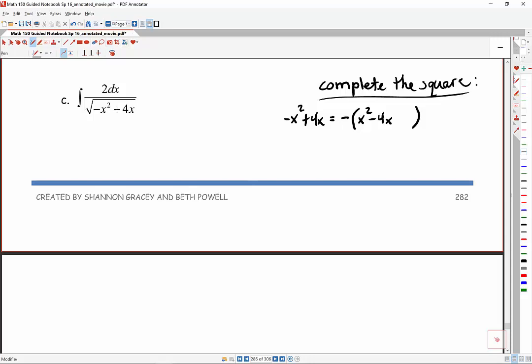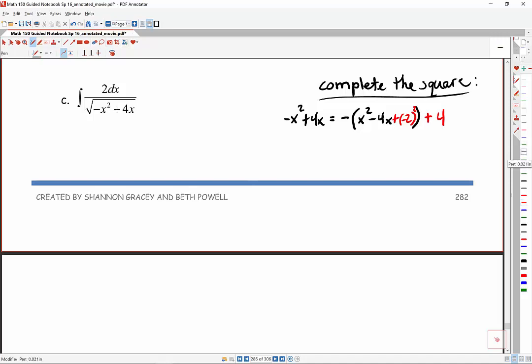So here we'd be adding negative 2 squared. And negative 2 squared is 4, but if you multiply by that negative outside, it's negative 4. So you have to add 4 to be adding 0.